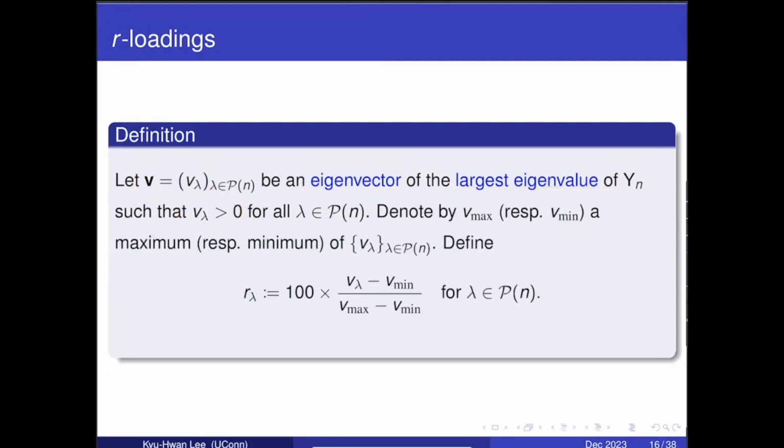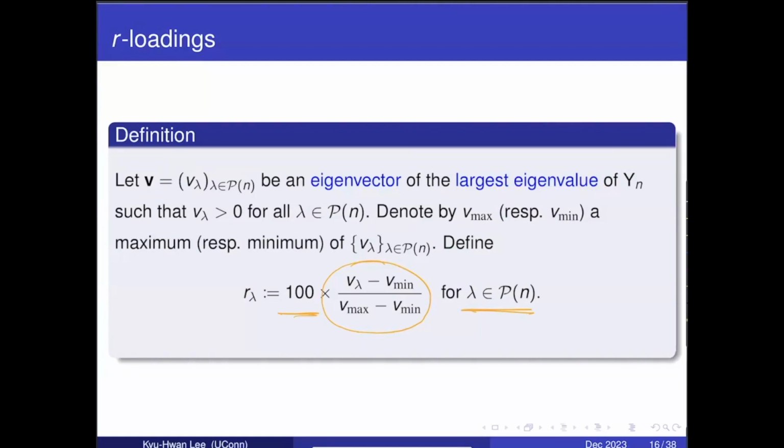Then just scale the other coordinates like this for each partition. And then to make it a reasonable size, just multiply by 100. If you don't like 100, then you could use a different number. But 100 seems to be good. It looks like a score or some marking.